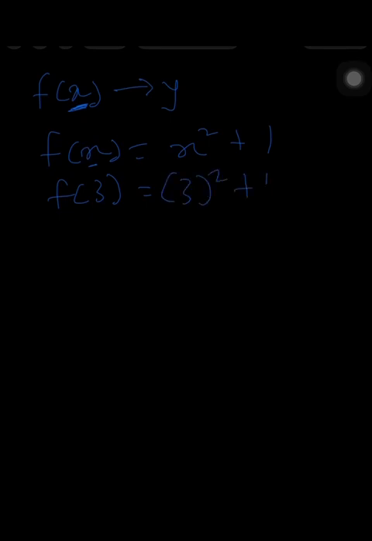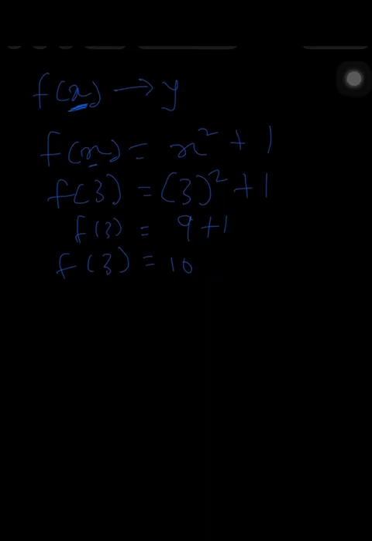For example, if we have f of x equals x squared plus 1, and we want to find f of 3. How do we do that? It means that we've been given an x value of 3, so wherever we see x, we replace it with 3, and that's 3 squared plus 1, which gives us 9 plus 1, which is 10, meaning that f of 3 is 10.